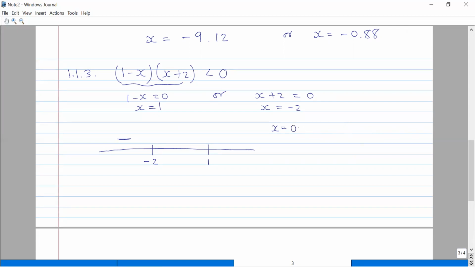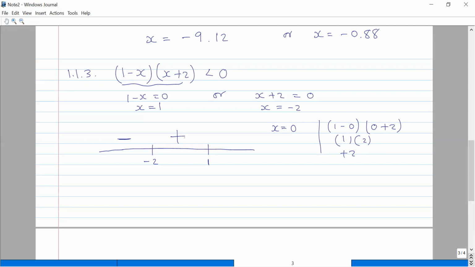It becomes easier, right? Then we take the same thing. So it's 1 minus 0. Then we have 0 plus 2. So we have 1 and +2. When we multiply these two, we get a +2. So we'll just take a side and represent it here.